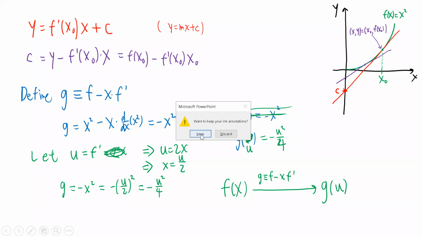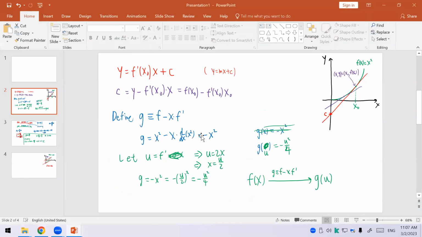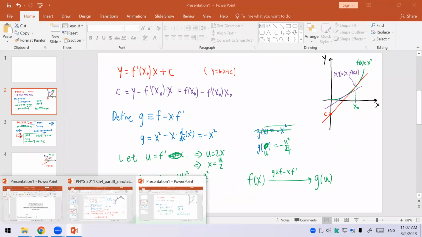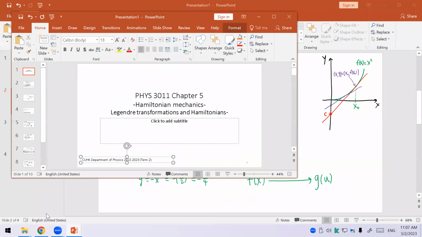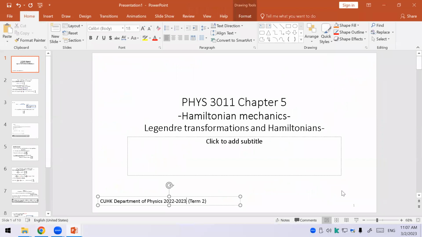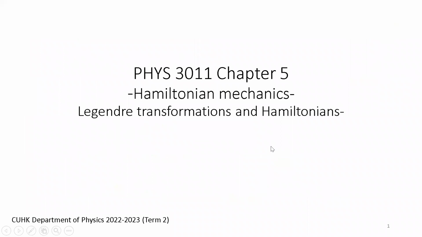Okay, so this is the mathematical preliminary that we need for the coming part: Hamiltonian mechanics. What we are trying to do in the first part is that we have a function that we learned in chapter 2, which is known as the Lagrangian.